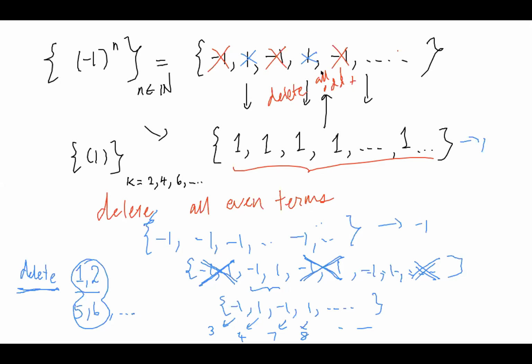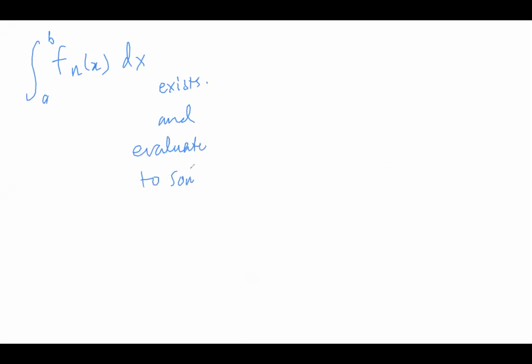The idea is to use bounds. So maybe I just quickly give you some idea. When we want to show integrability, that means you have some function and you want to show that it's integrable. That means you're trying to show that this integral exists and evaluates to some number.